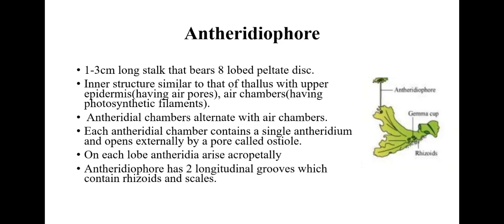Each contains a single antheridium and opens externally by a pore known as the ostiole. An ostiole is normally a hole. On each lobe, antheridia arise acropetally, and the antheridiophore has two longitudinal grooves which contain rhizoids and scales. You can see in this diagram the antheridiophore, the gemma cup, and rhizoids. Rhizoids are root-like structures.